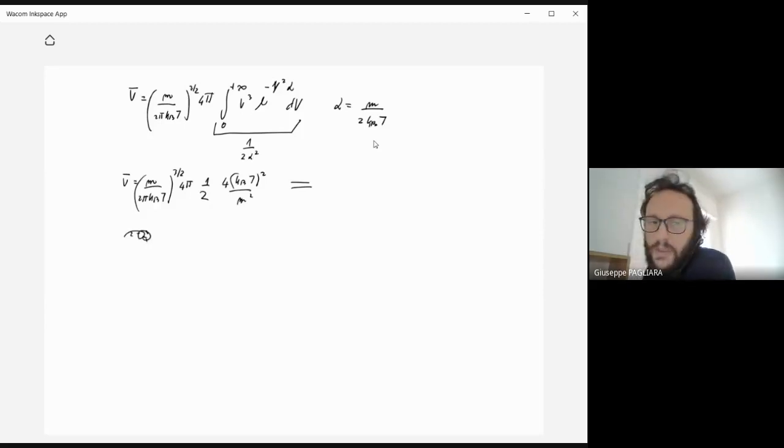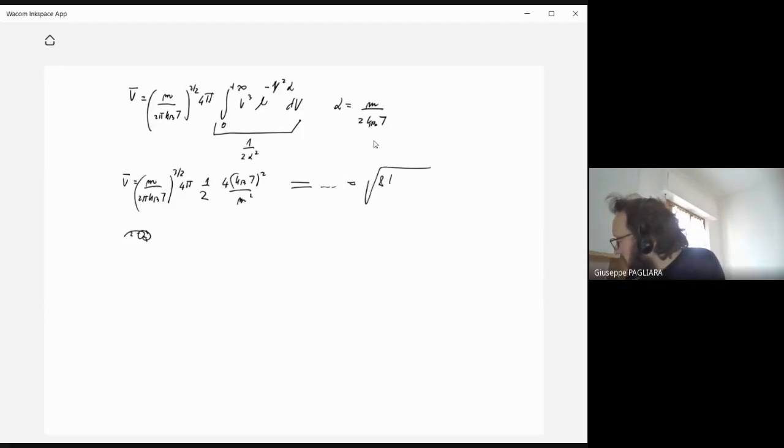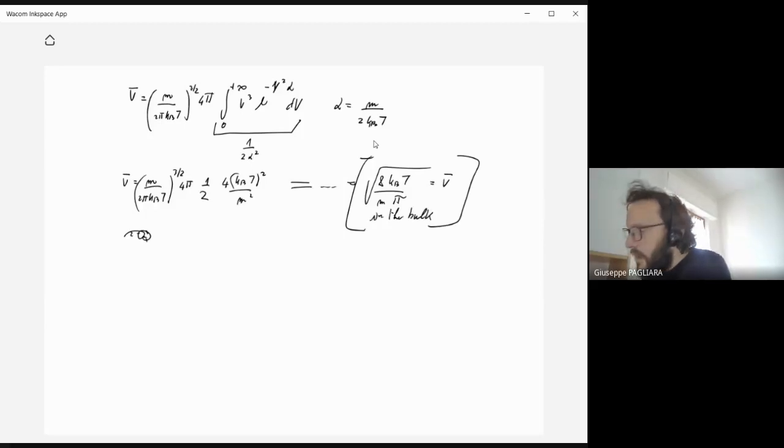So you have a square root of kBT at the numerator. So work out a little bit this expression, it is just algebra, and you will get the square root of 8 kBT divided by pi m. And this is the average velocity in the bulk.